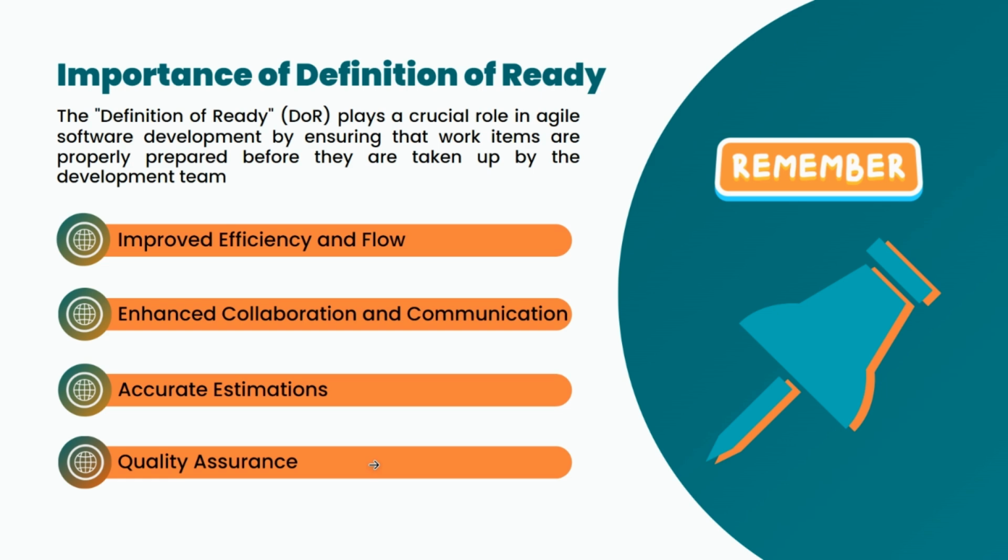So when you see the ready workflow status, it clarifies that these stories are meeting the definition of ready criteria. So it is all set to start for development. Those can be on the top of your backlog, and from there those items can be picked up during your sprint planning meeting. So that's about the importance of definition of ready.